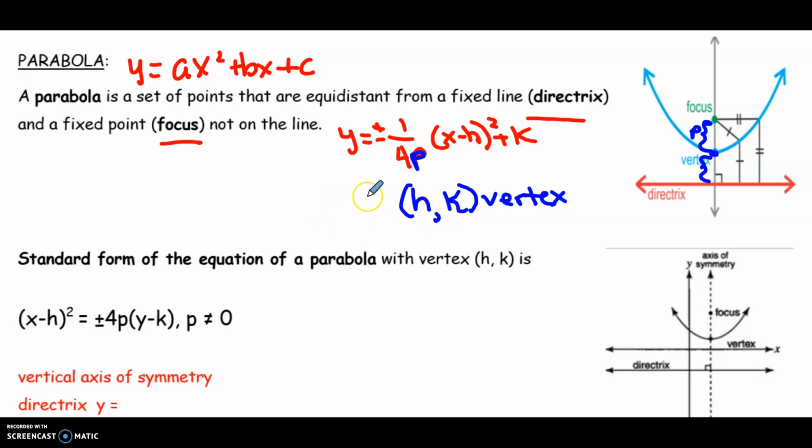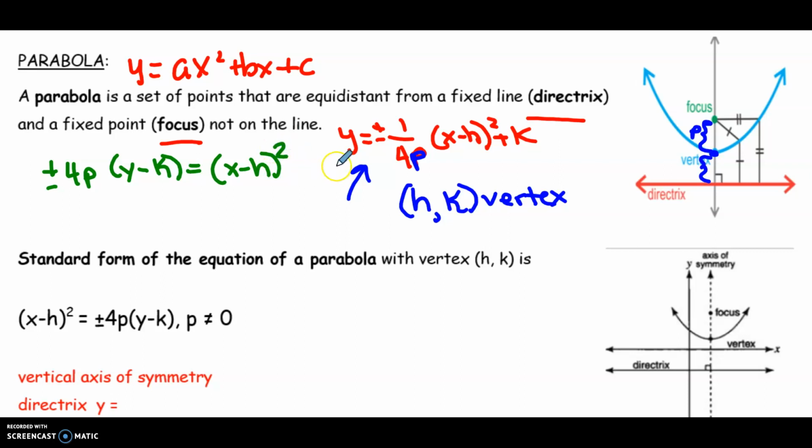Just for pre-calc purposes and how you're going to see this in college textbooks, we rarely see the equation written like so. Instead, I'm going to present to you the equation that we normally see, where it would be plus or minus 4p (y minus k) equal to (x minus h) squared.